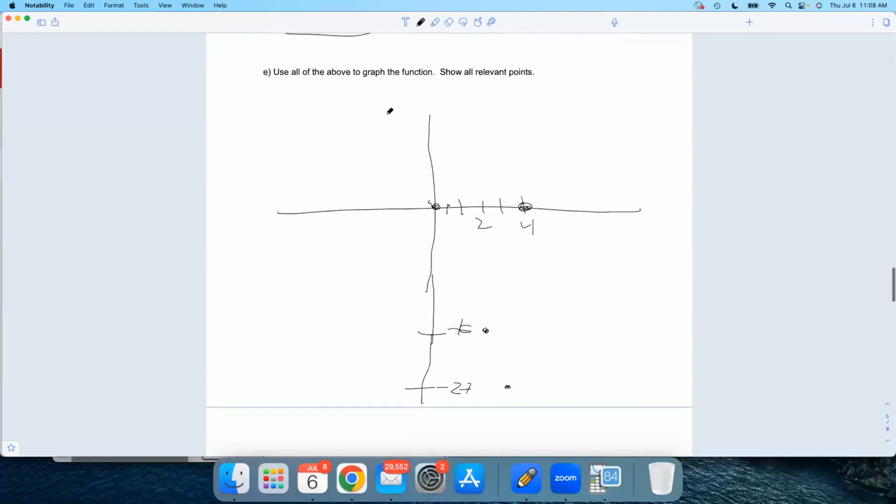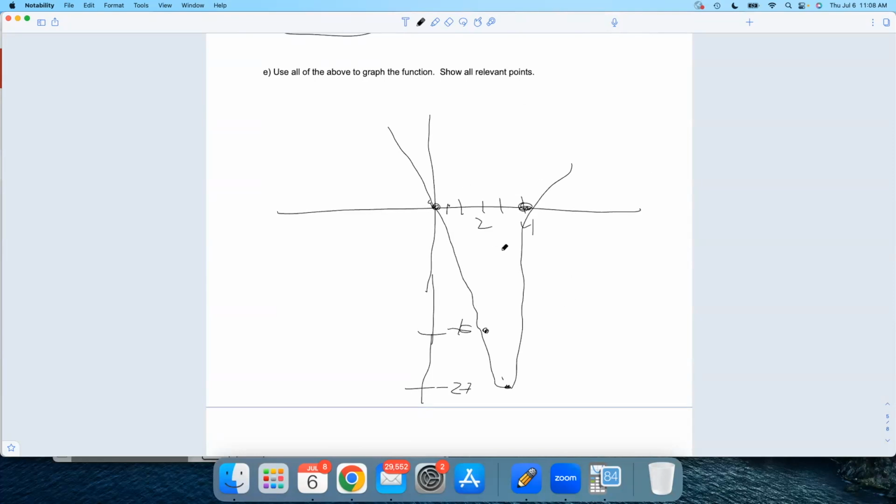So we know the graph has to go down to here and then increase. So a rough sketch is something like this. I'm going to fix this, it's not perfect yet. Something like that. That's just my decreasing and increasing.